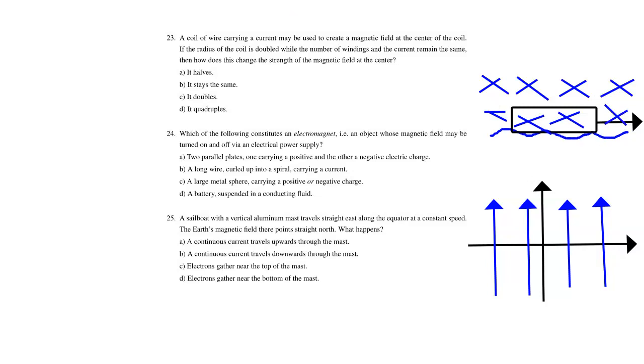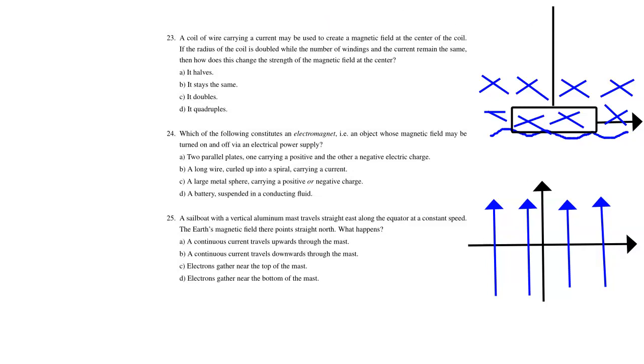So now I've got a mast on my boat. Here it is, a vertical mast. So what happens? The boat goes to the right, so with the right-hand rule, point a thumb to the right, point the magnetic field into the page, so that your index finger along the magnetic field is into the page. The force that you get from the middle finger is pointing upwards, but that's for positive charges.